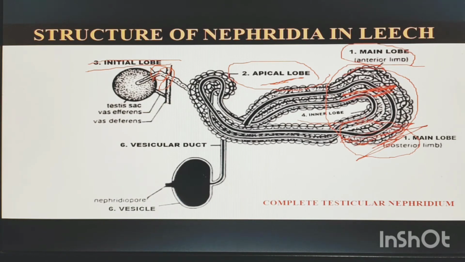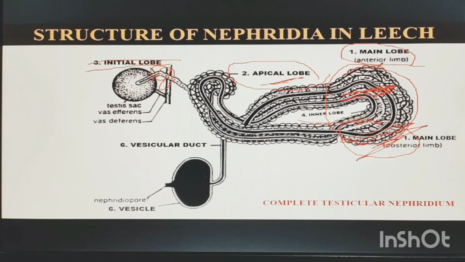Its posterior end joins the main lobe while its anterior end runs inward and reaches over the testis sac of its own side, where it ends blindly close to the perinephrostomial ampullae.